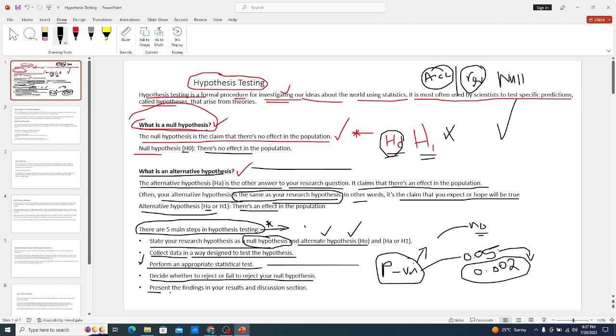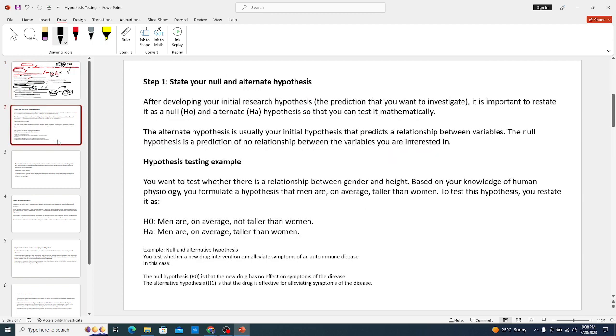Then the last step is always to present the findings in the results and the discussion section of your research. Let's start with the first step. Our first step is stating the null and alternative hypothesis.